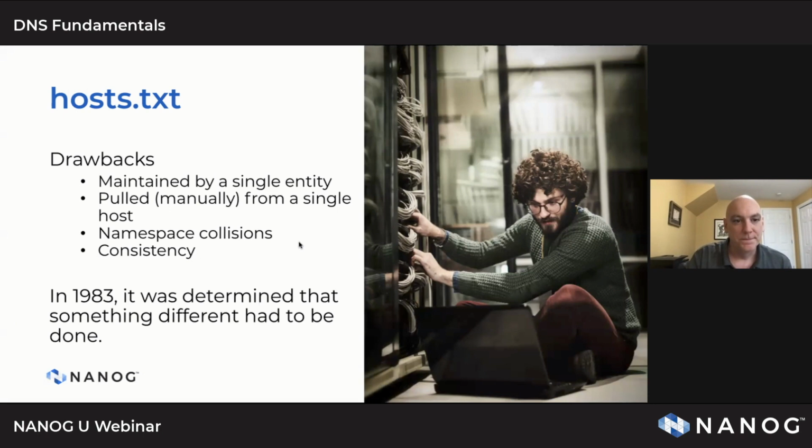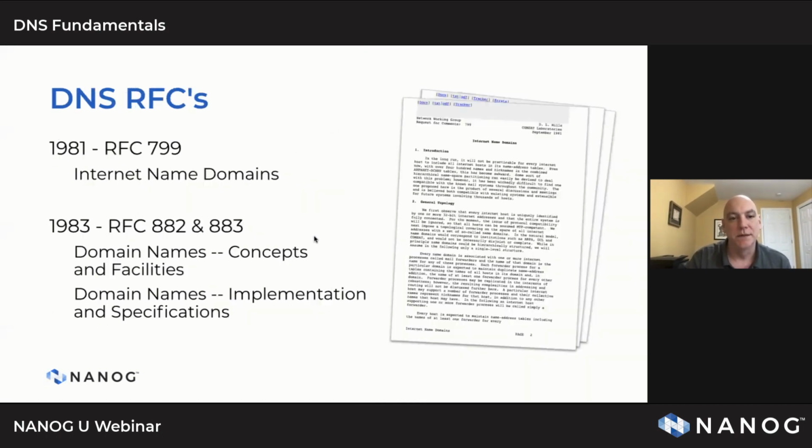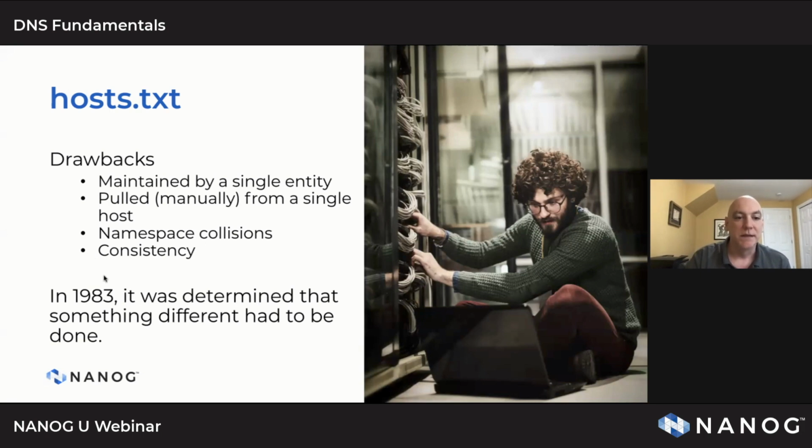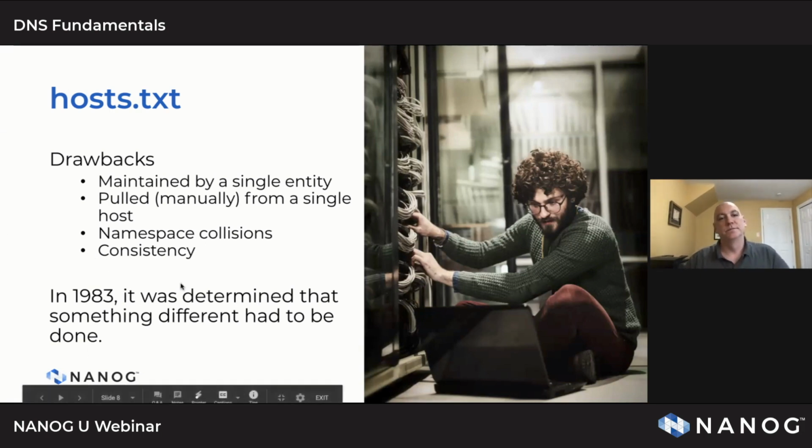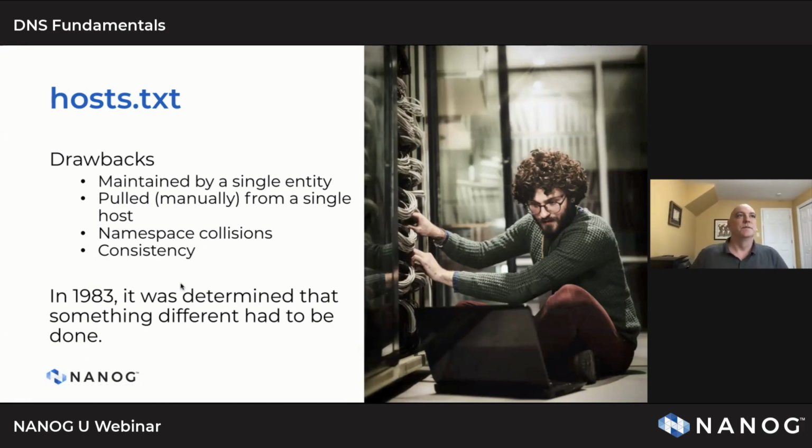Now, some of the things that you might have already thought about is, oh my goodness, in today's internet, having stuff attached to the network without a DNS entry almost immediately is sort of frowned upon. So that was one of the problems.